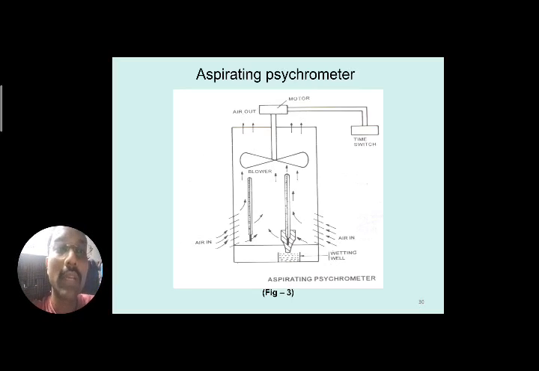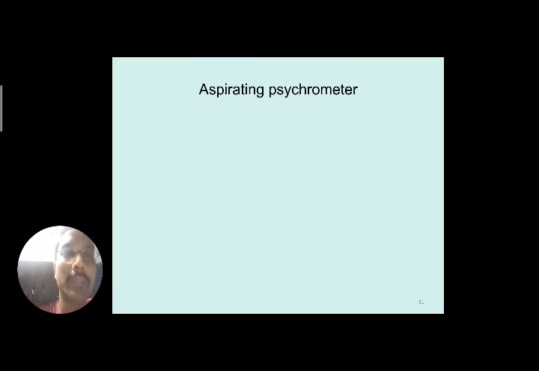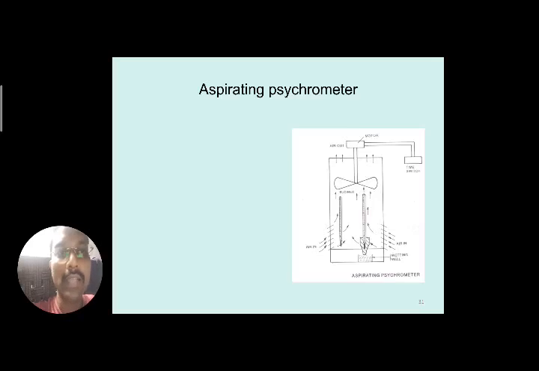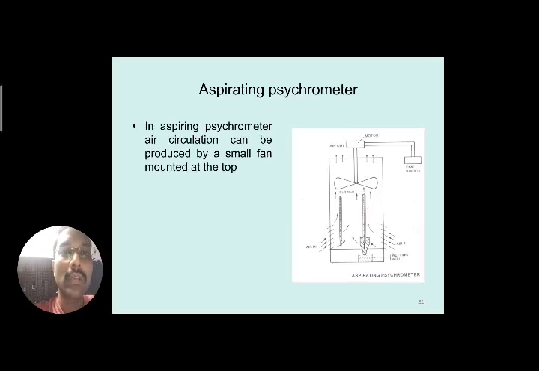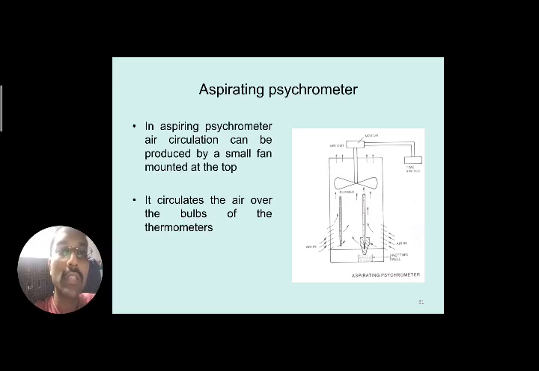Again, all the similarity you can see the same in this aspirating psychrometer. In the aspirating psychrometer, air circulation can be produced by a small fan mounted at the top. It circulates the air over the bulbs of the thermometer. As already explained, you can read the statements from this presentation.